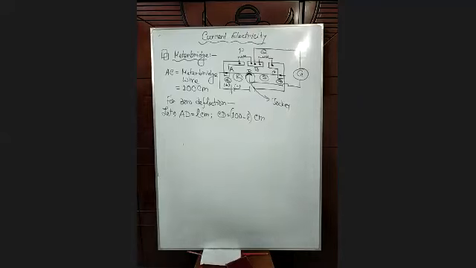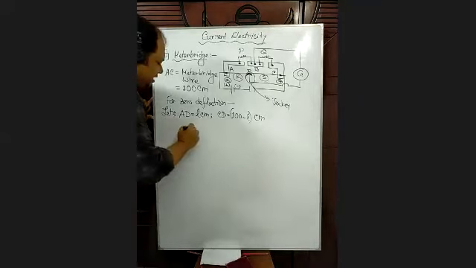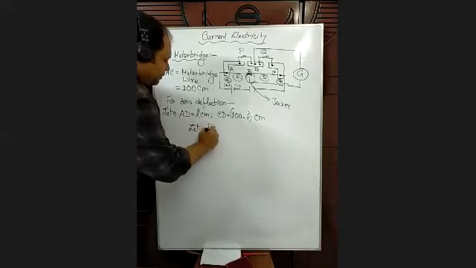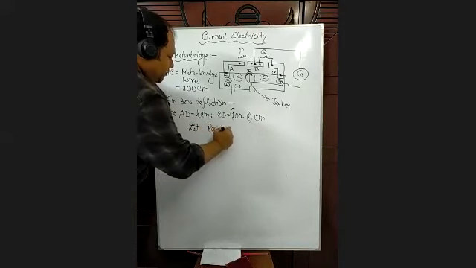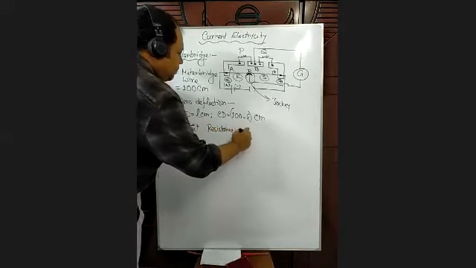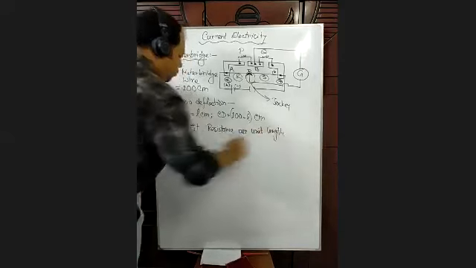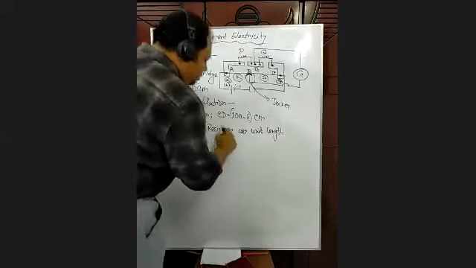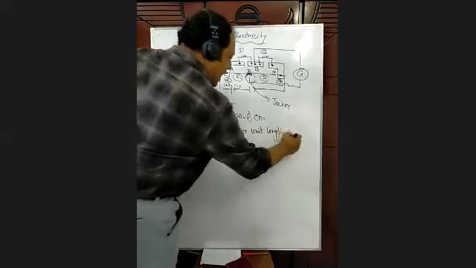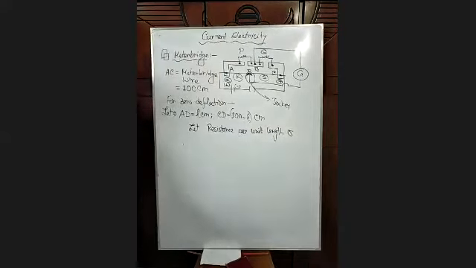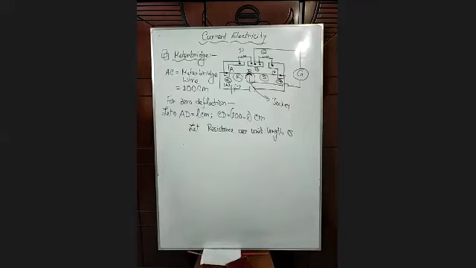And that quantity is resistance per unit length. We consider resistance per unit length as sigma.